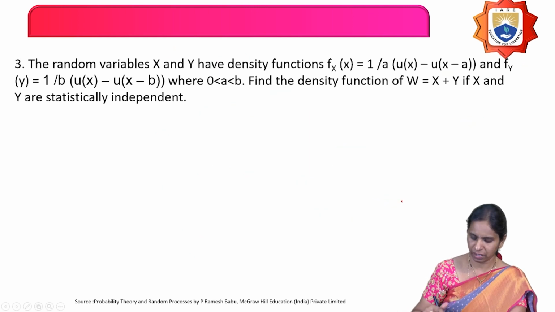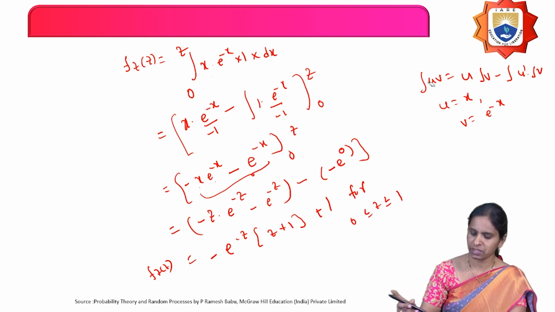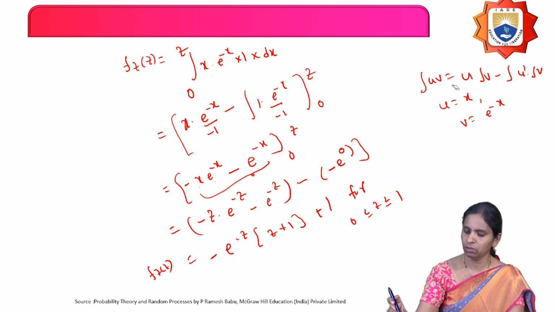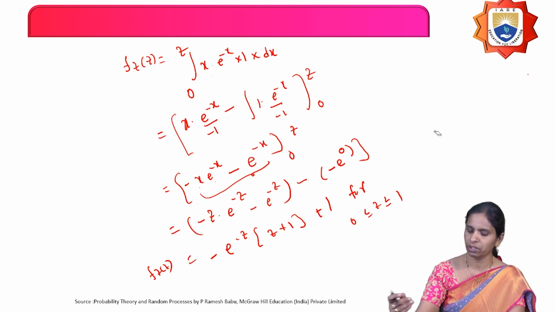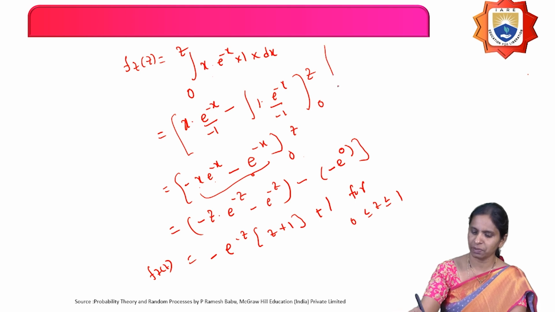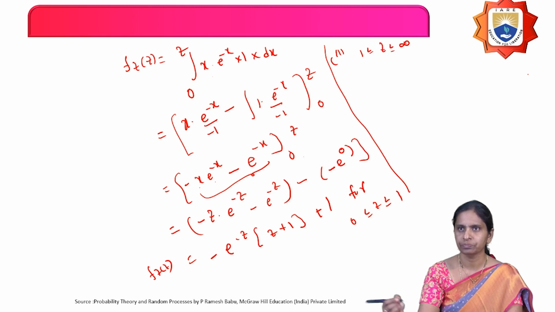And I'll go for the second case. What is the second case I'm taking here? When z is from 1 to infinity. So case 2 is the value of z from 1 to infinity.